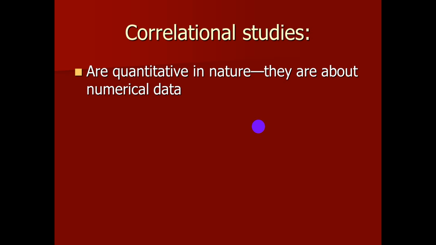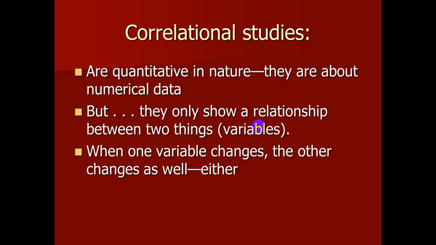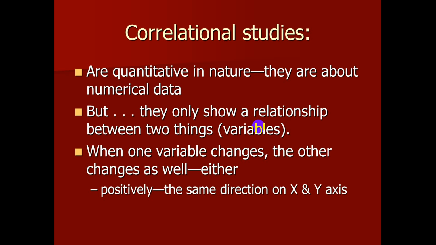Other times you're creating the data and then looking at how they compare. But they only show a relationship between two things, two variables. When one variable changes, the other changes as well, either positively, in the same direction on the x and y axis, or negatively, in opposite directions, where one goes up, the other one goes down.